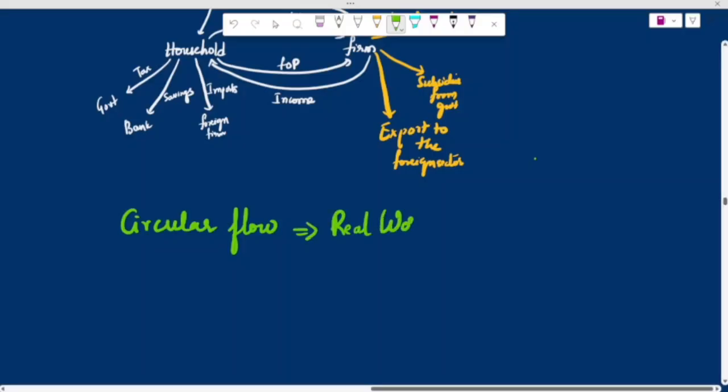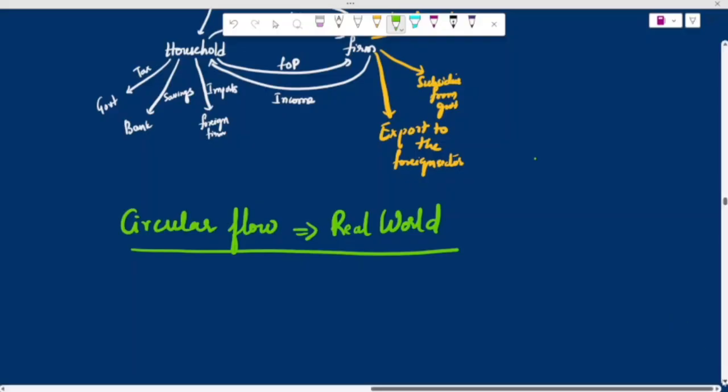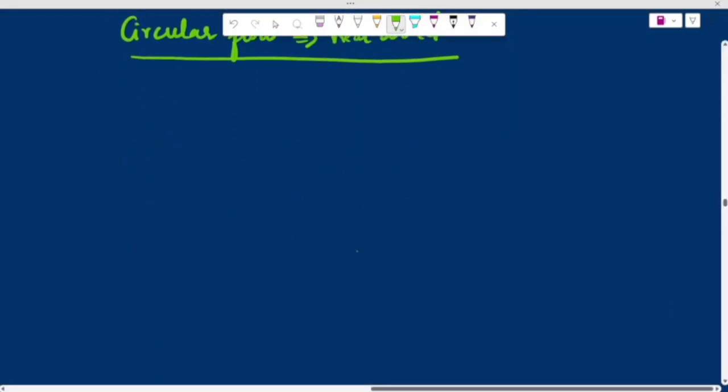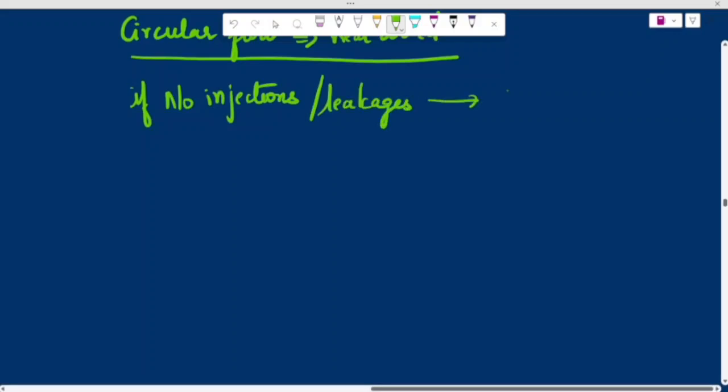So it will be almost closer to the real world. So here you can take that in the economy there are many firms or many companies and many households, and then you can calculate the national income with the help of this circular flow. So if there are no injections or leakages, there will be static equilibrium. Fine. The first thing which we have seen: no exports, no imports.